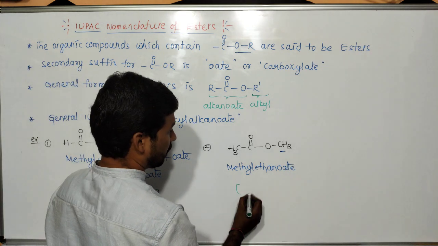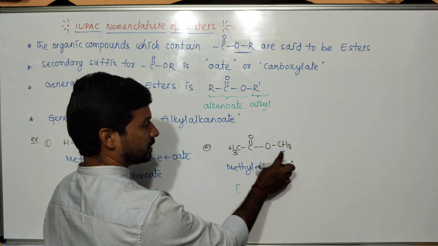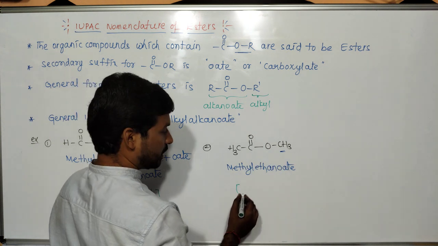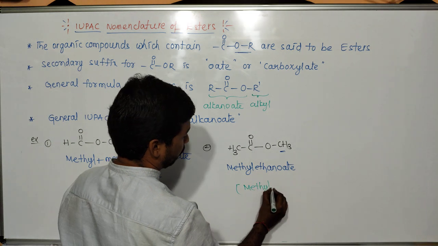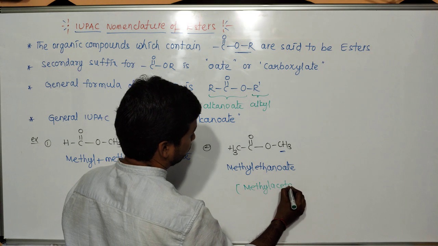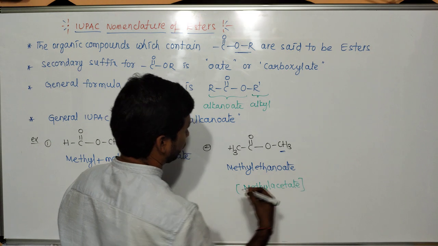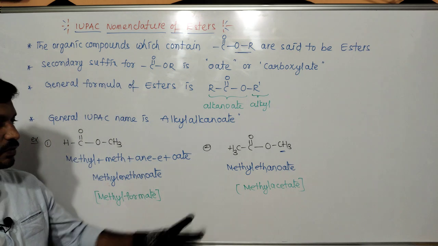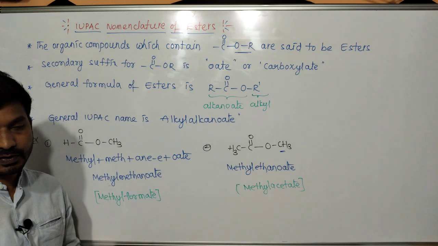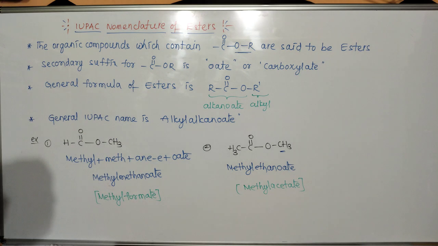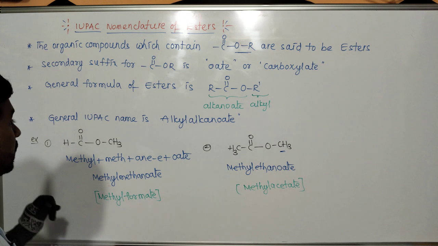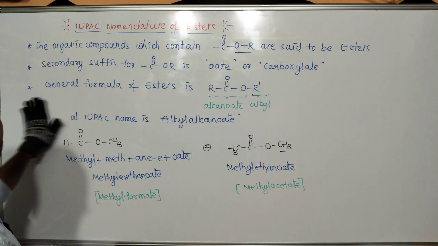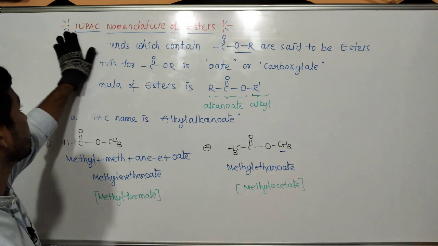The common name is CH3COOH, acetic acid. The acetic acid derivative is acetate. Methyl acetate is the common name of this molecule. Okay. I am going forward to explain a few more examples so that you understand clearly the concept of IUPAC nomenclature of esters.